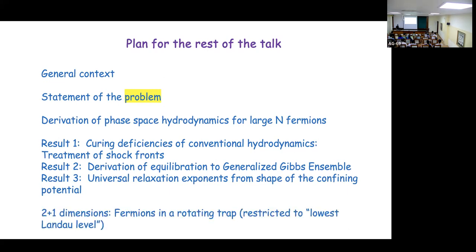And then 2+1 dimensions, that's the ongoing work. That's about two-dimensional fermions in a rotating trap. So it has rotation as well as a confining potential. This maps very beautifully to the Landau problem.